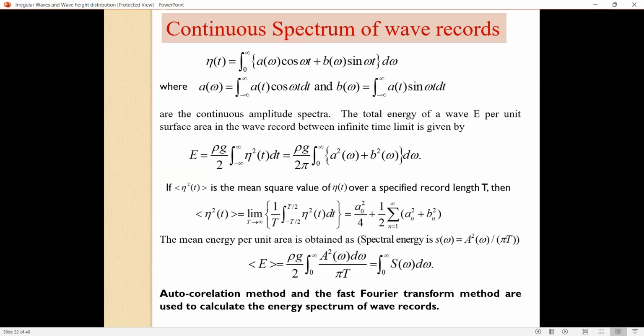The same I did now for the continuous spectrum and the associated energy. In the last line, E is given in terms of S omega d omega, in terms of the frequency spectra.